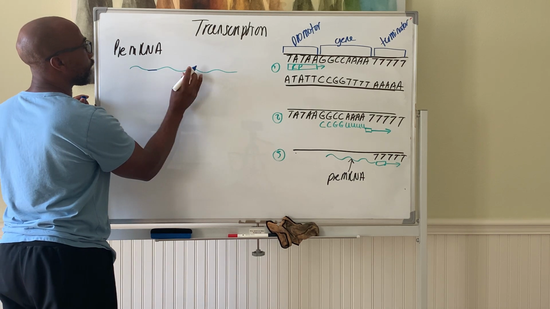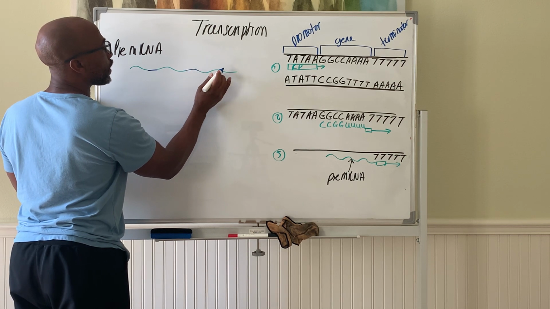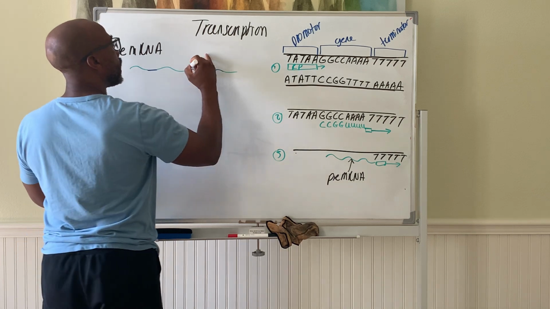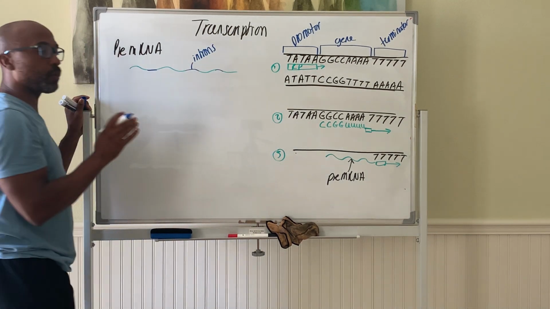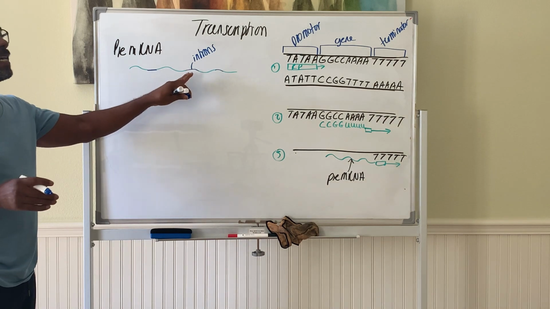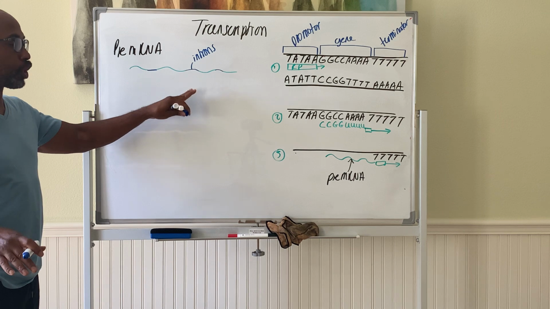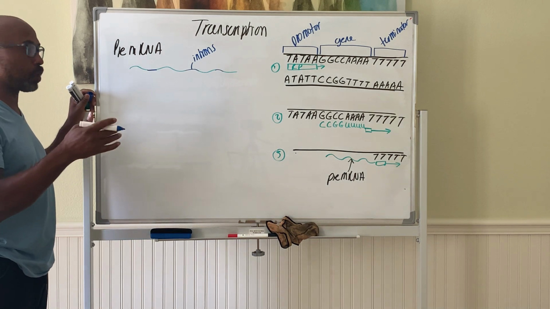Okay, so here, and maybe here, these parts we call introns. Those are sequences of nucleotides that will not end up in the final product. They're just there as fillers or as part of the extra DNA that's not used to make proteins.